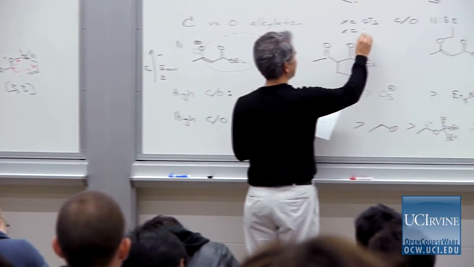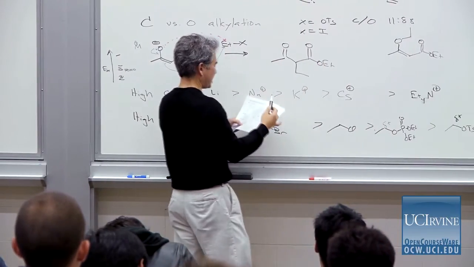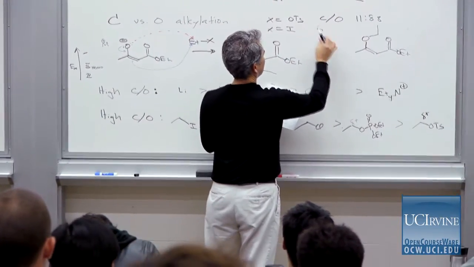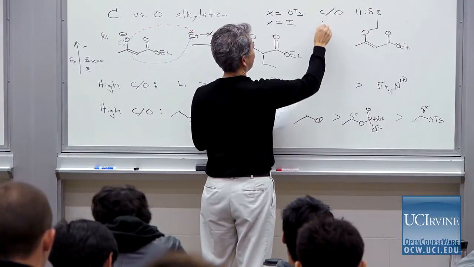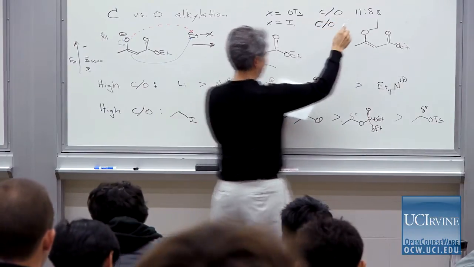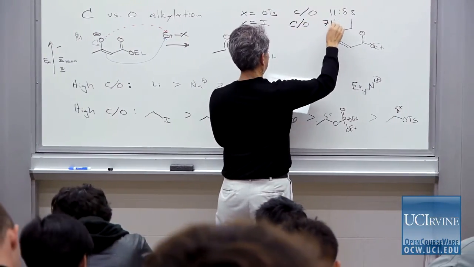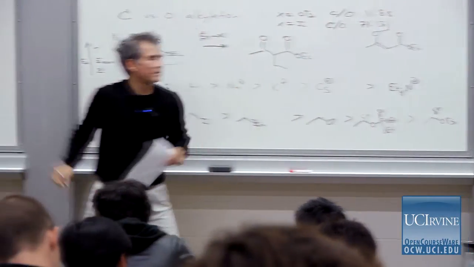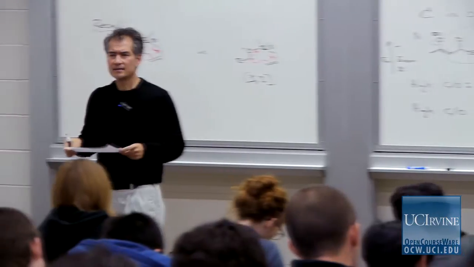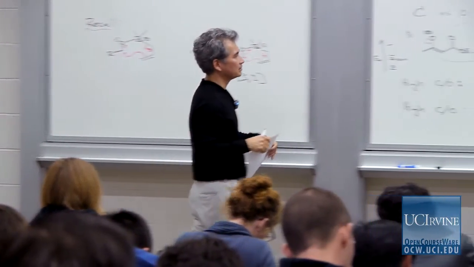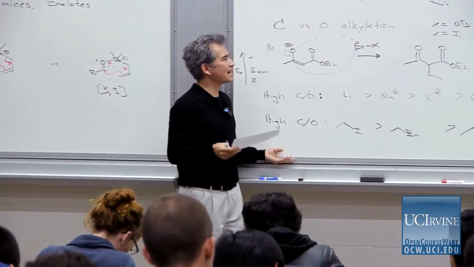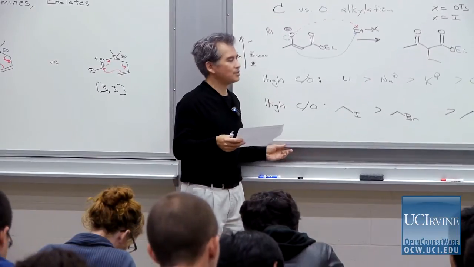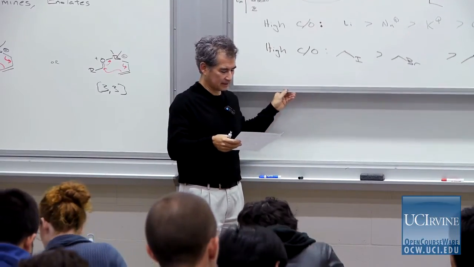When the leaving group is iodide, that ratio is the carbon to oxygen alkylation ratio. When you use ethyl iodide, you get more C alkylation. So you don't totally reverse it to 99 to 1, but you can flip that balance back and forth.